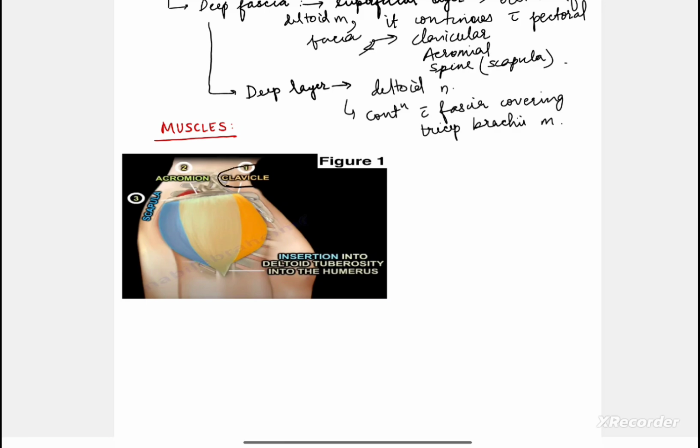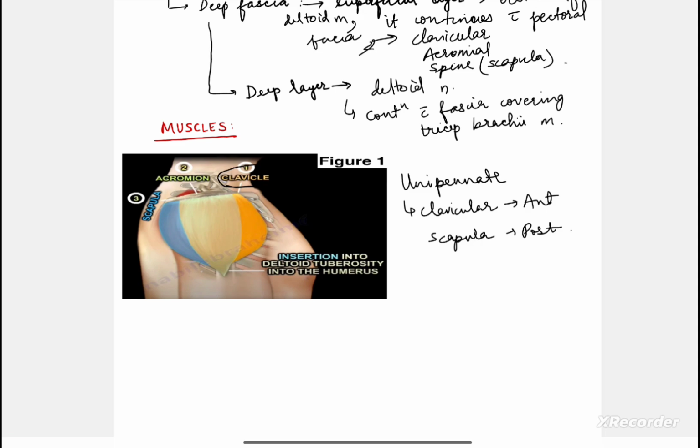The clavicular part is anterior and the scapular part is posterior.